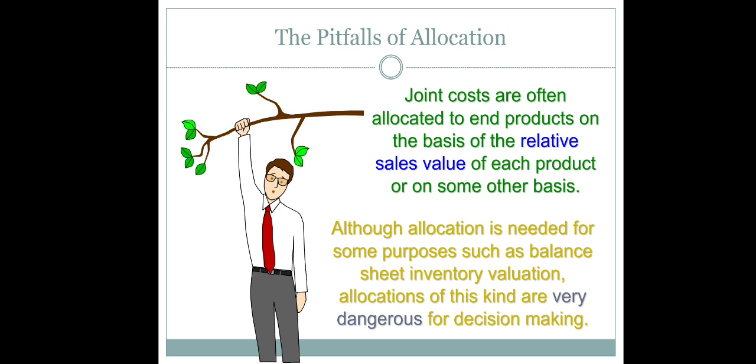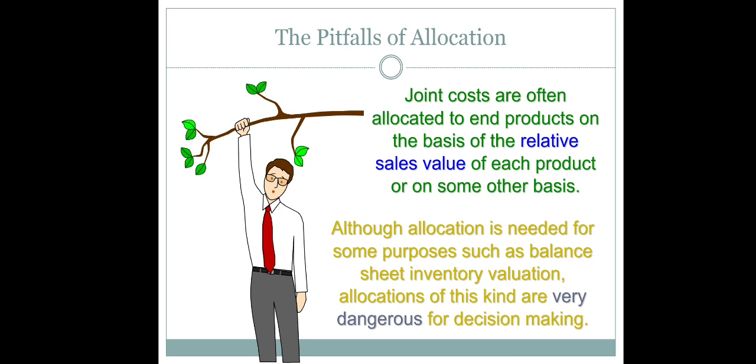If you allocate the joint cost to the products, it can make some products less profitable than they're supposed to be. So for this decision analysis, remember joint cost is treated as an irrelevant cost.